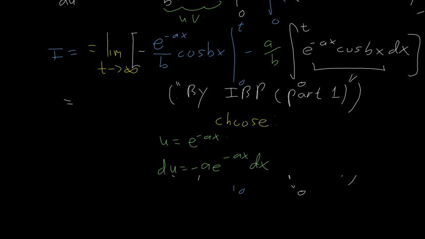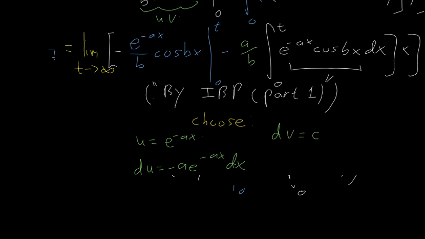Now my dv is going to be cosine bx dx, which means that my v, if I take its antiderivative, would be 1 over b sine bx. Hope that is making sense. There's a reason why I chose it that way. It's going to make sense when I do my substitution again.